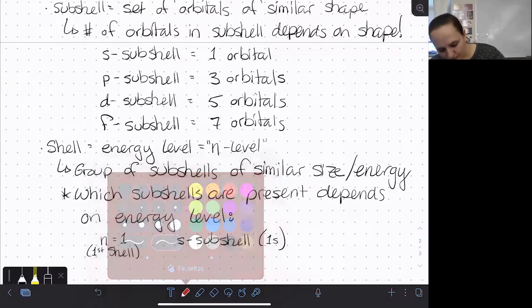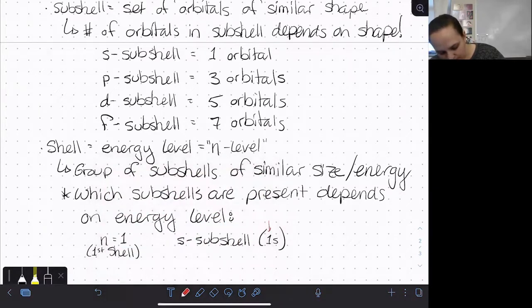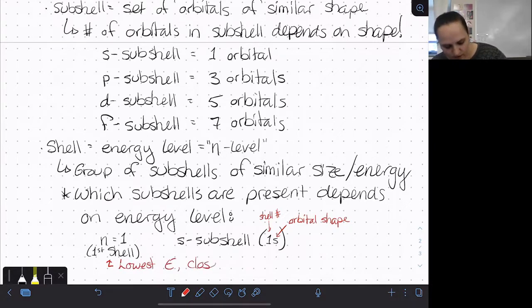So when we're referring to a subshell, we list the energy level, the shell number, and then the orbital shape is how we identify a subshell. So in the first shell, the 1s is the only thing that we have. We should note also that this is the lowest energy shell, where the electrons are closest to the nucleus, meaning we have the smallest orbitals.